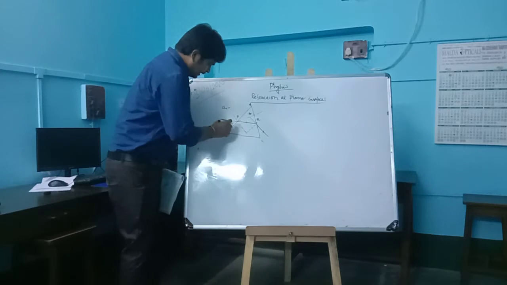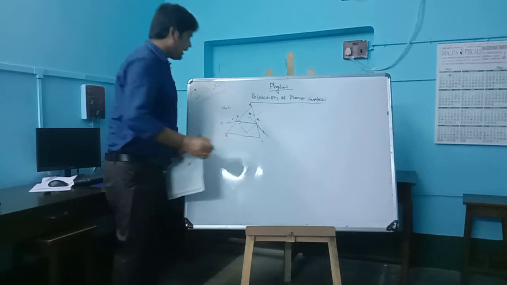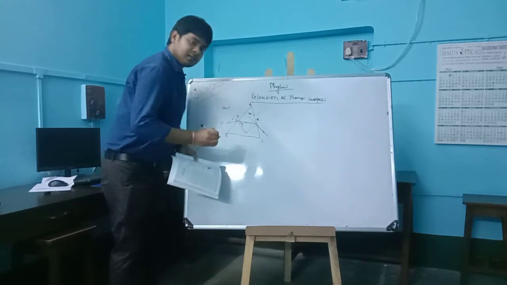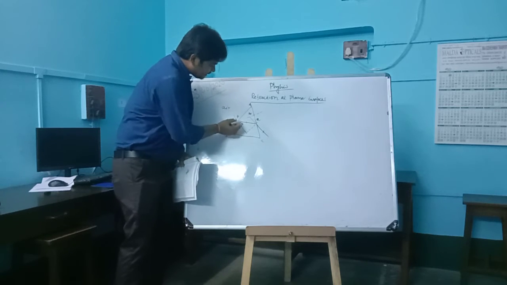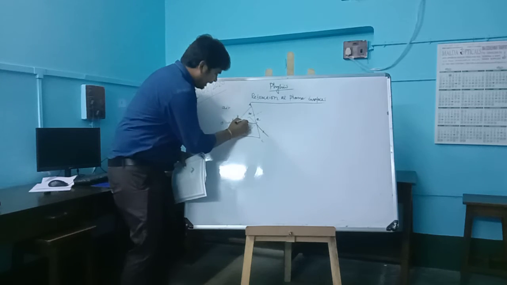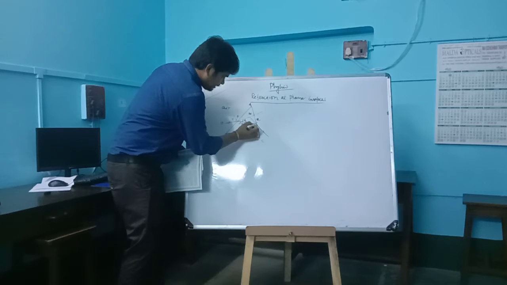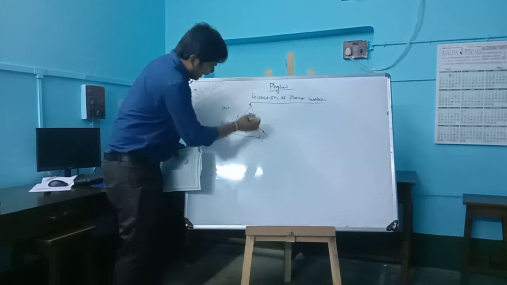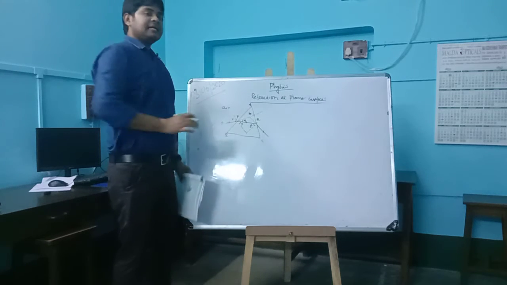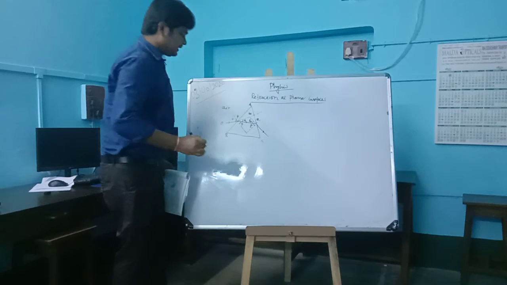Okay, now this is the incident angle I, and this is the angle of refraction, and I am denoting it by R1, and this is the angle of deviation for this ray, and I am denoting it by delta 1, and this is the angle of incidence in the prism, and this is the angle of deviation for this ray.